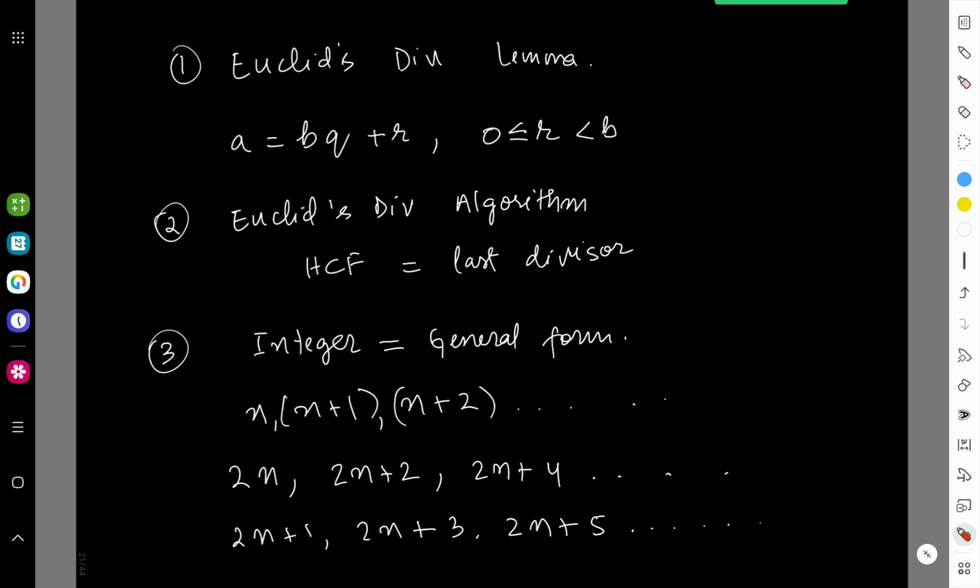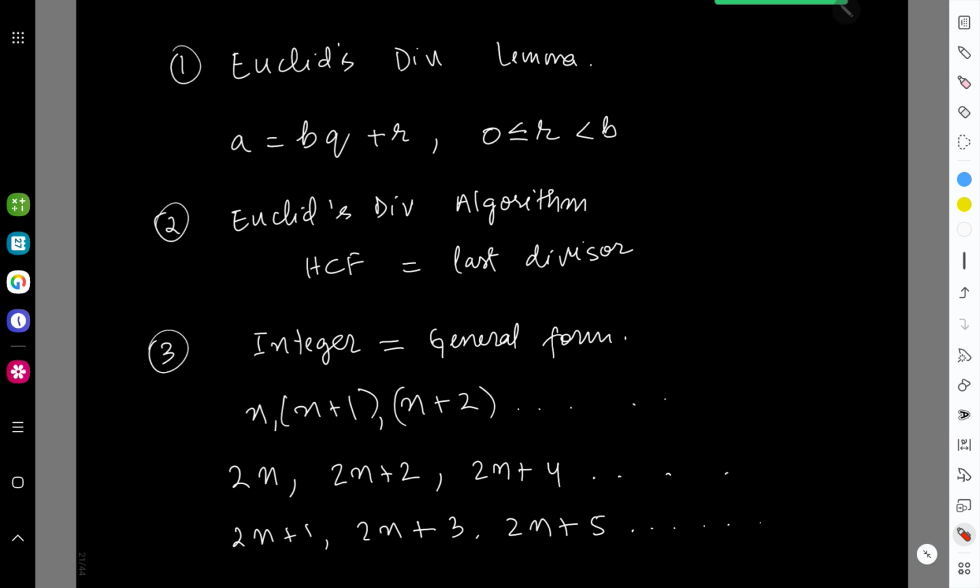Whenever we want to express any consecutive integers, this is the general form: n, n plus 1, n plus 2. Example 1, 2, 3, 4. Or we can also start from 99, 100, 101.